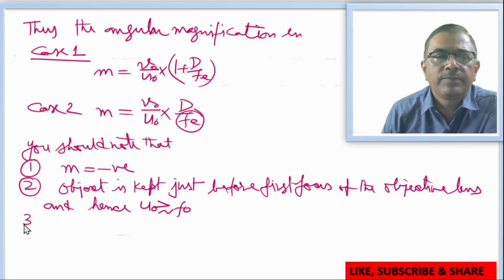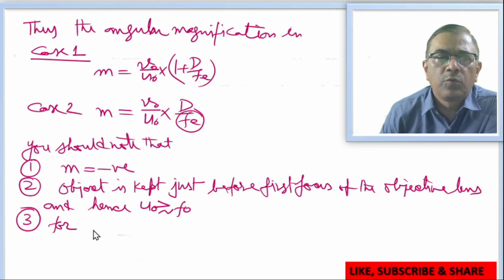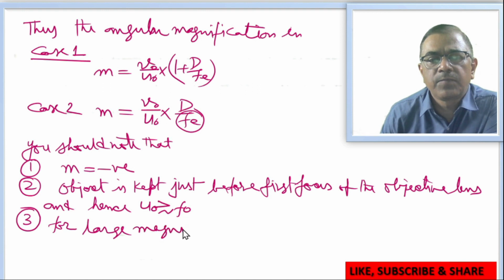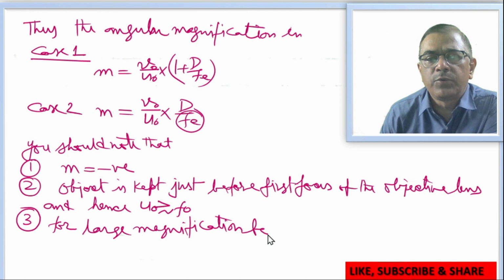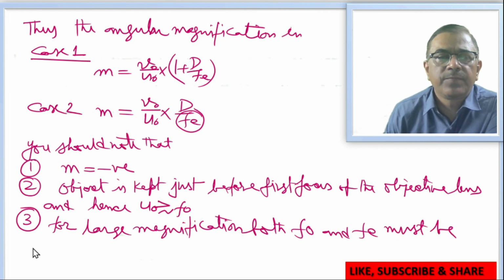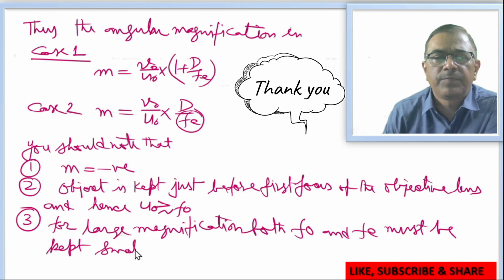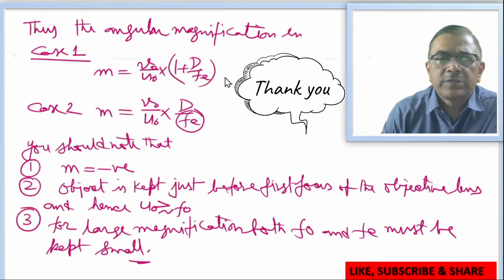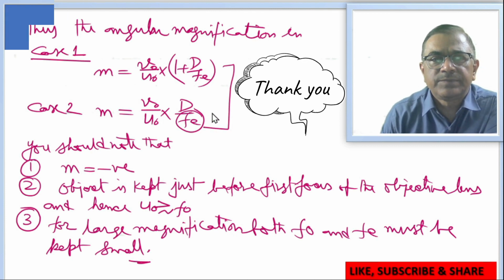Point number 3, for larger magnification, both FO and FE must be kept small, as obvious from these two results.